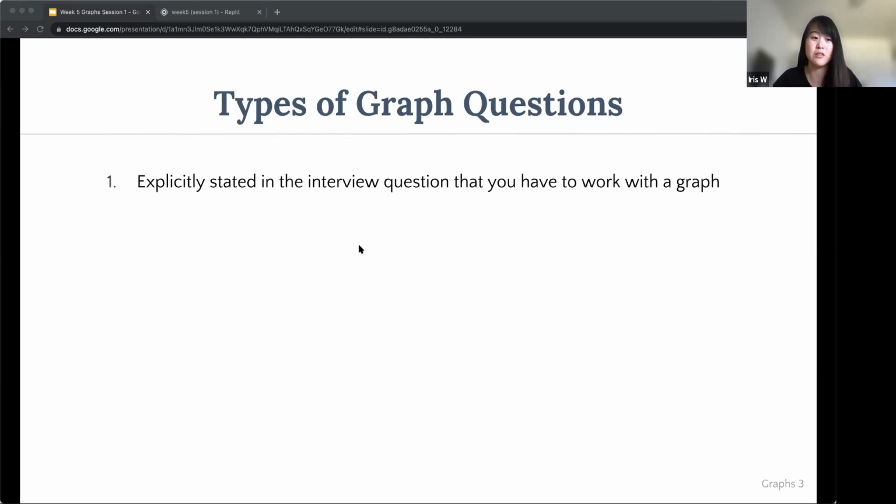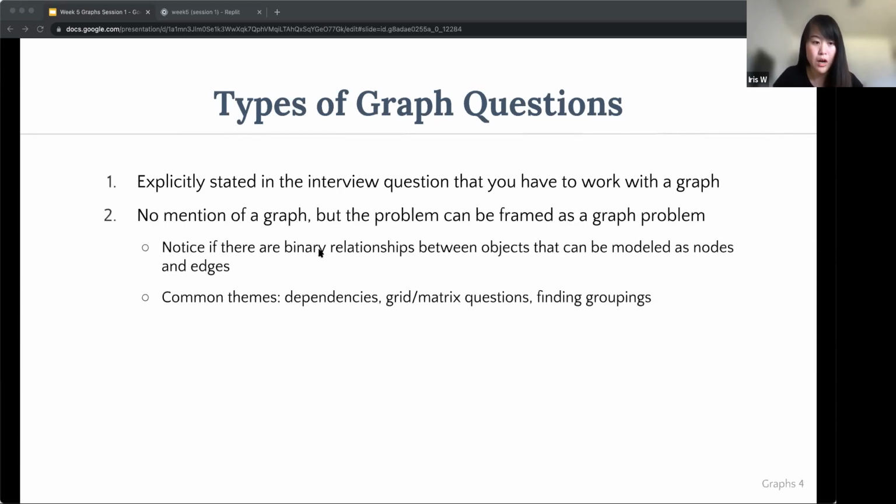Okay, cool. So with that being said, the two types of graph problems that you'll generally see in an interview is when one, it's explicitly stated in the interview question that you have to work with a graph. So for example, one of the homework problems you did with the bipartite graph is an example of this. But more often, what I generally tend to find through personal experience is that a lot of graph problems are problems in which there is no mention of a graph, but the problem can be framed as a graph problem.